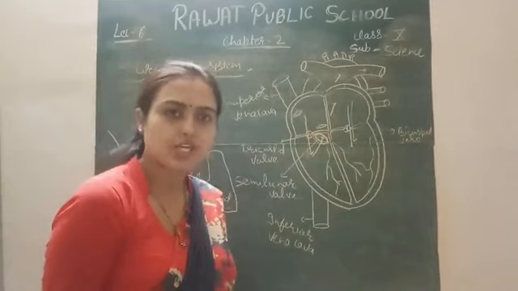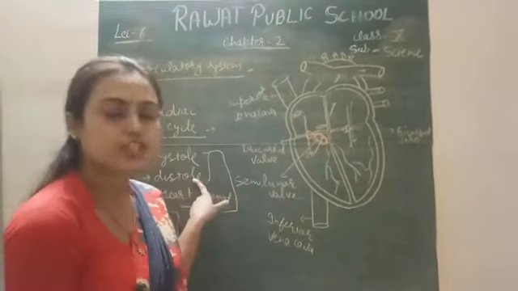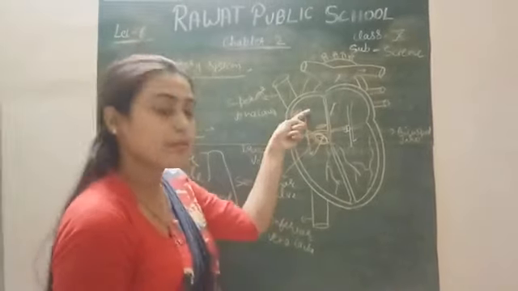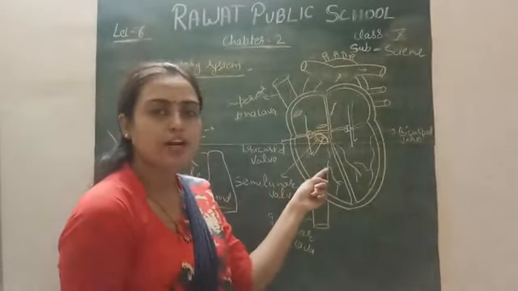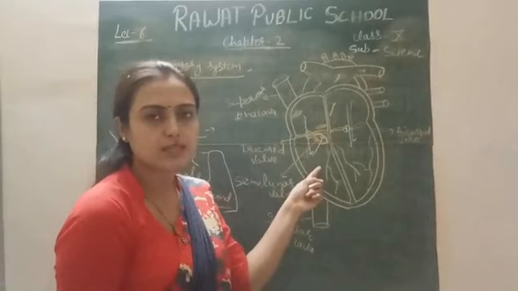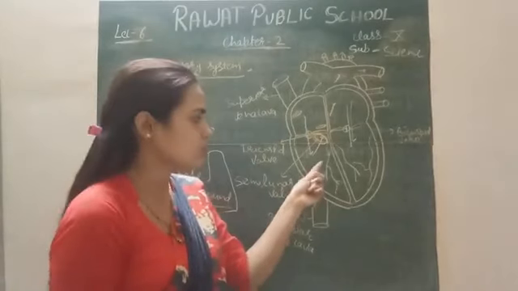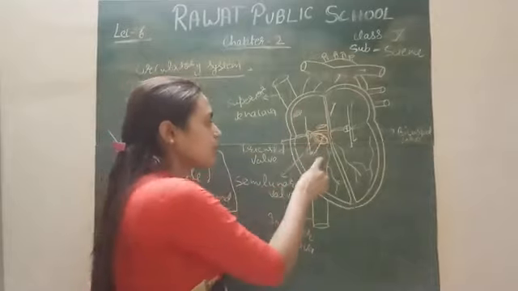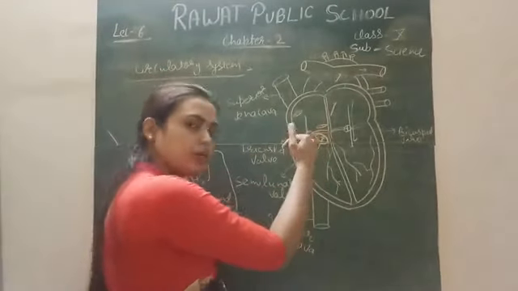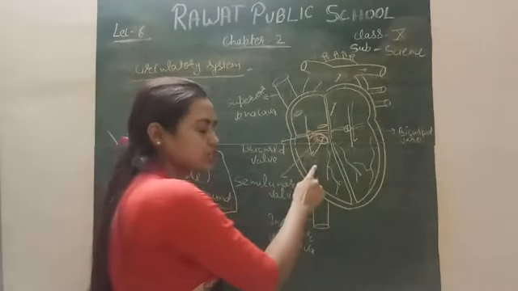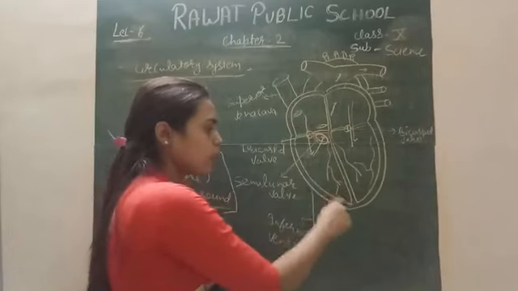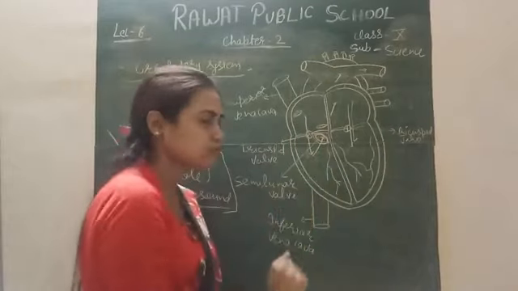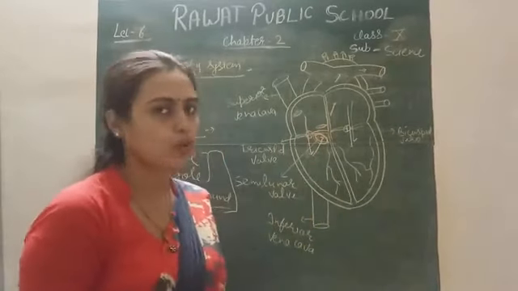When the pressure decreases, it means the relaxation or diastole of the auricle takes place. But when they relax, contraction in the ventricles takes place due to the blood. Here the deoxygenated blood and here the oxygenated blood. When all the blood comes here, the valves close and pressure is exerted on the walls of the ventricles, on the right as well as on the left. This is called the ventricular contraction.